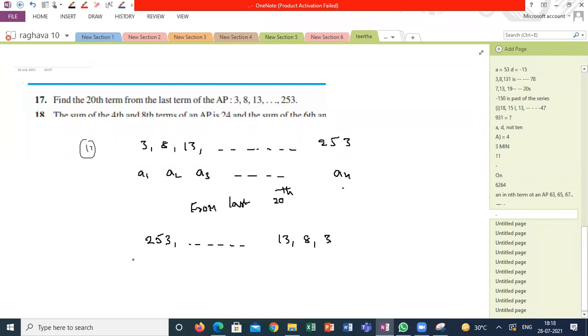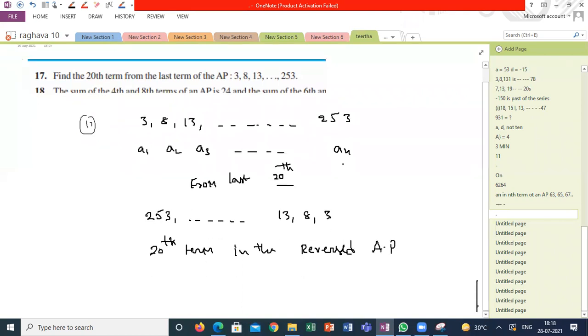When I'm rewriting the AP from last to first, the 20th term from the last is the 20th term in the reversed series, the reversed AP.